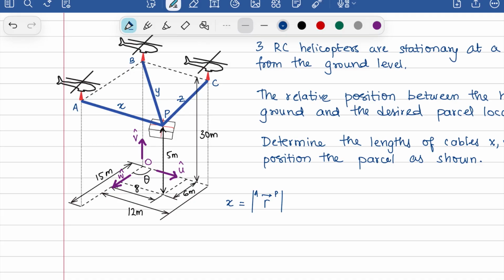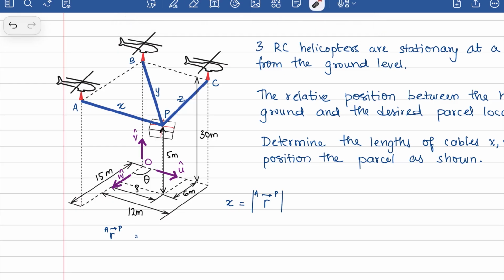Okay, so let's try to write A to P in some way. How can I do that? A to P. I could write a vector from O to A, right?